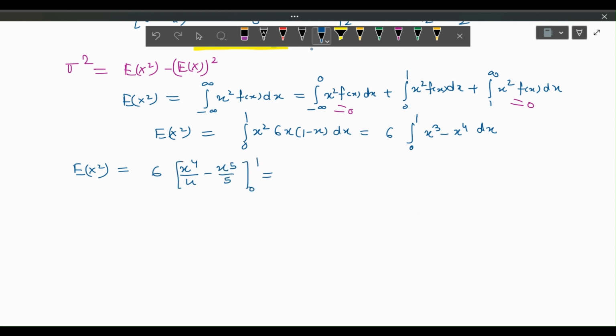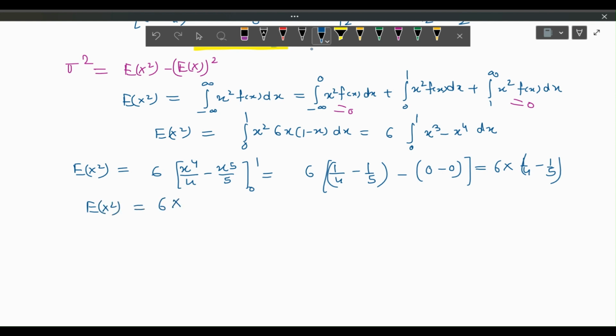So it will be 1 by 4 minus 1 by 5 for the upper limit, minus the lower limit, which is 0 minus 0. So this will be 6 times (1 by 4 minus 1 by 5); taking LCM, 6 times (5 minus 4) divided by 20. So it will be 6 over 20. So expectation of x square is 6 divided by 20.